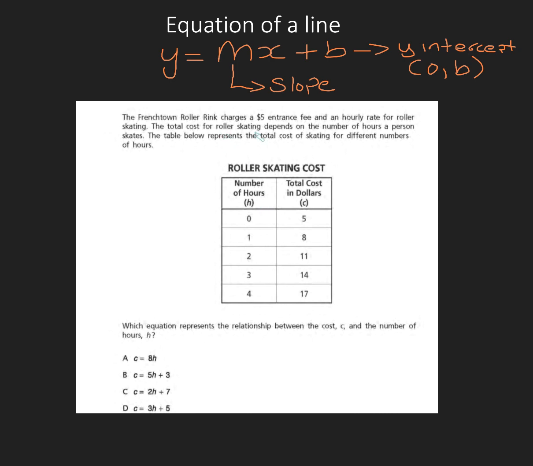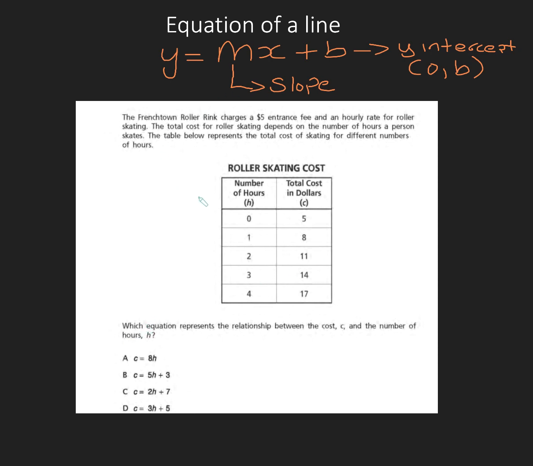The total cost for roller skating depends on the number of hours a person skates. The table below represents the total cost of skating for a different number of hours. So we have our table here: roller skating cost, number of hours H, total cost in dollars C. Which equation represents the relationship between the cost and the number of hours H?